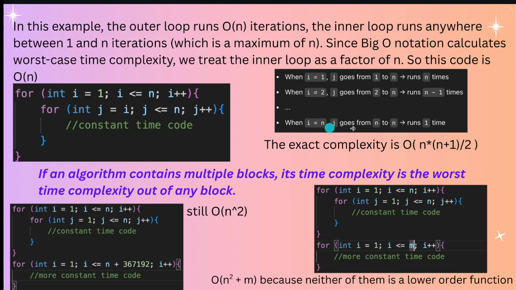our exact complexity is n times (n plus 1) divided by 2, and here is the explanation. When i starts at 1, j goes from 1 to n, and runs n times.